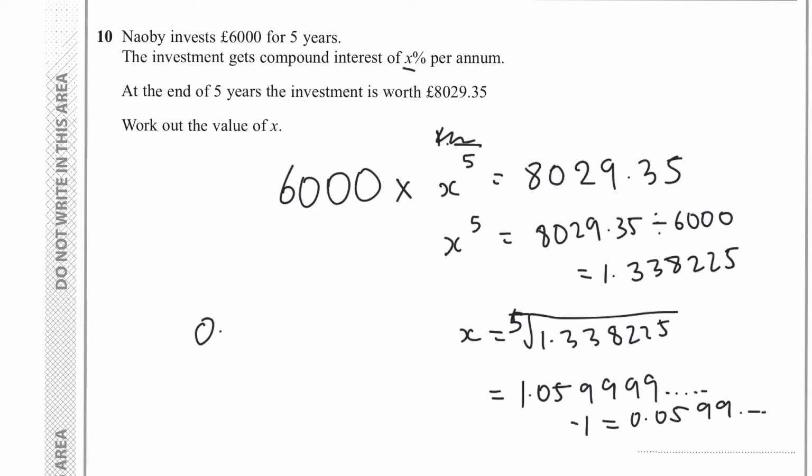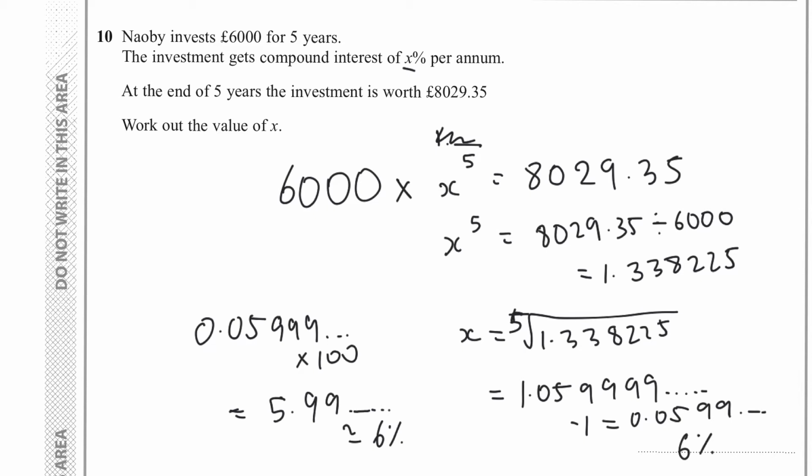Because it's usually divided by 100, times that by 100, so 0.0599 recurring, times by 100, you would get 5.99 recurring. So that would roughly estimate to 6%. So it would be a 6% value of x.